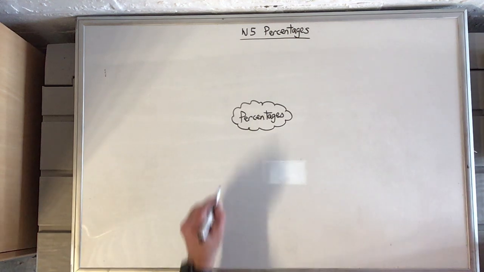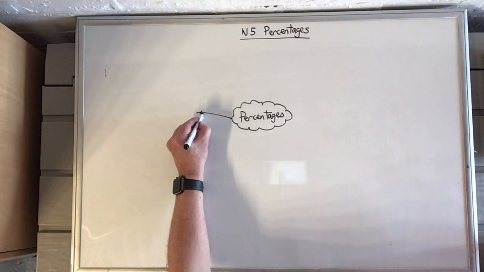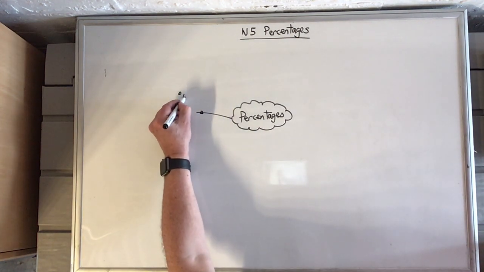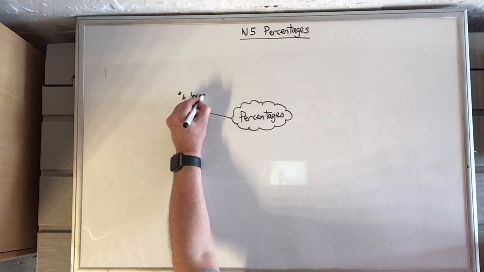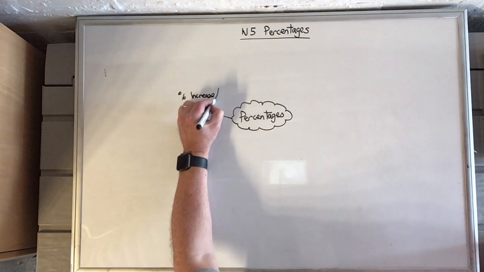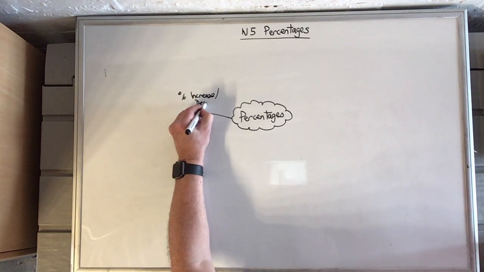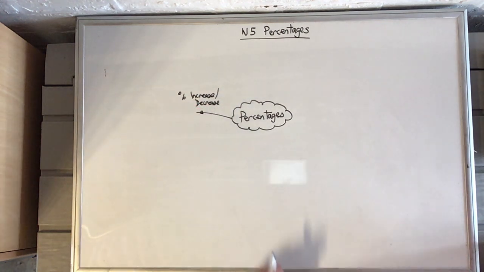Okay, so there are three types. First type, it's called percentage increase or decrease. Okay, increase or decrease. And that's simply if you buy something for £20, say, sell it for £28, what's your percentage increase?